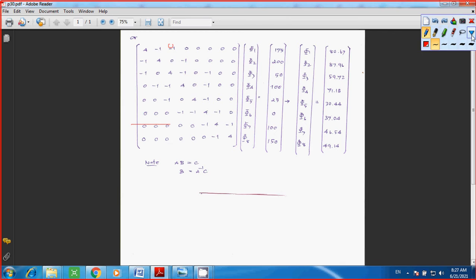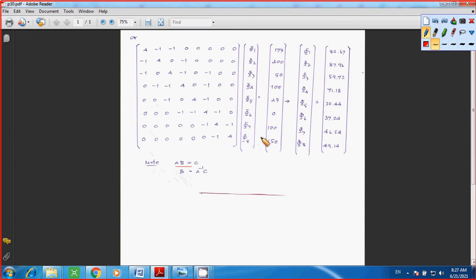Okay, so these are your equations in matrix form. You have phi1 to phi8 equal to 175. This is just a constant number. And you can work out this one. This is what? An 8 by 8 matrix.